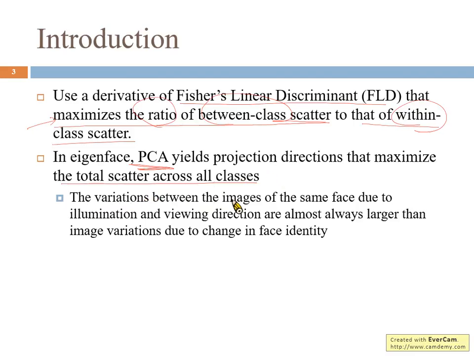The variation between images of the same face due to illumination and viewing direction is almost always larger than the image variation due to change in face identity. Therefore, if we are working on such a challenging database, the Eigenface approach may put more effort into modeling luminance and viewing direction change rather than face identity change.